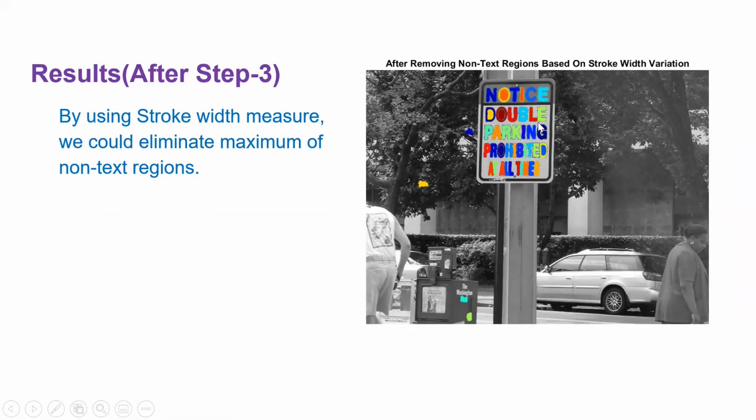This is the result after thresholding using stroke width variation. Still, after this step also, we are left with some non-text regions. Here I am showing the non-text regions which are not eliminated even after step 3.